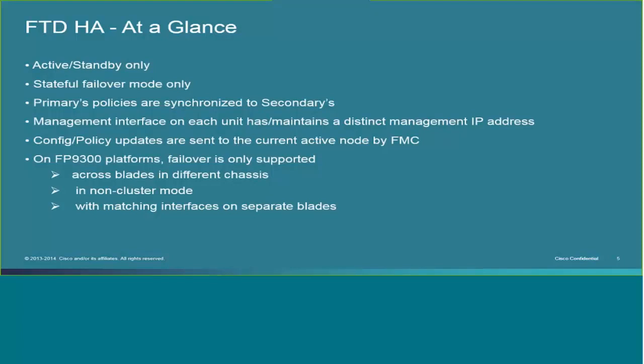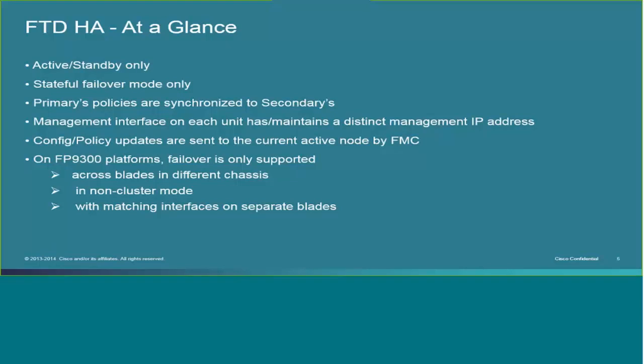We can only configure stateful failover because we need to have a state link in FTD, as compared to the ASA, wherein we had an option to use a state link but it was not necessary. In this case, a state link is required for perfect synchronization across the FTDs.